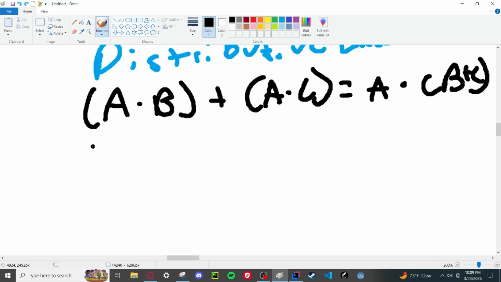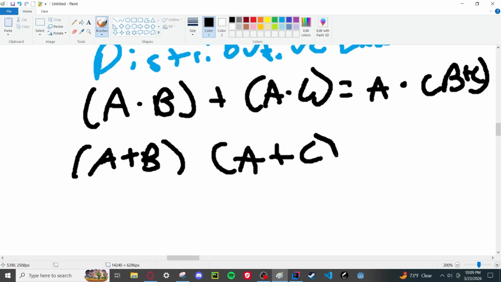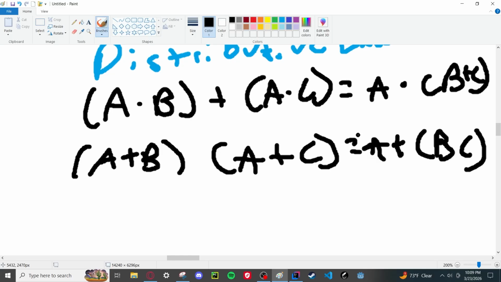In addition, you have this: A plus B times A plus C is the same thing as A plus BC. Same concept, right? If you multiply the A out, you're going to get A plus B, or if you want to multiply the A out, you would multiply the BC.